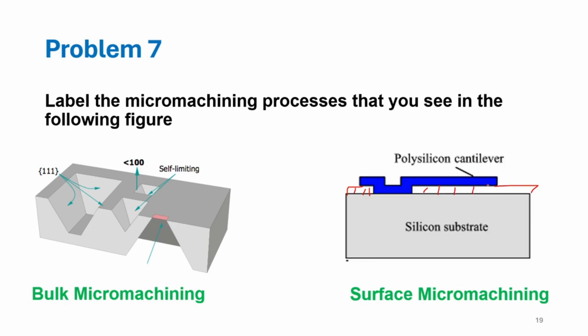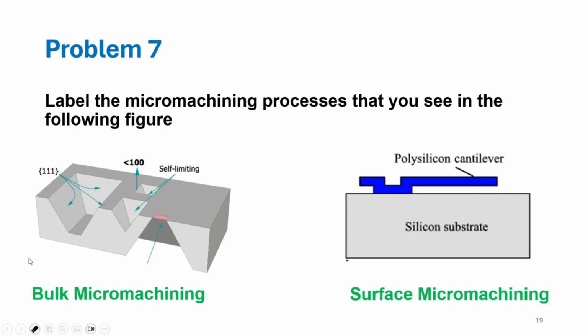Then on top of that we'll do polysilicon deposition. Then we will pattern the polysilicon deposition. Then we'll finally etch out the oxide that was deposited earlier. So this structure becomes released. So this is a polysilicon cantilever on a silicon substrate.